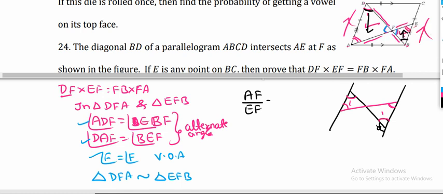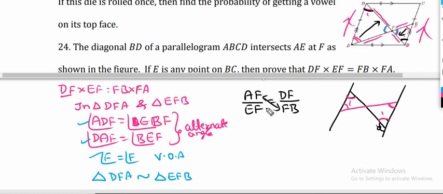For writing another one, we consider another pair of sides. That means the line which is opposite to this angle and the line opposite to this one. So that becomes DF divided by FB.